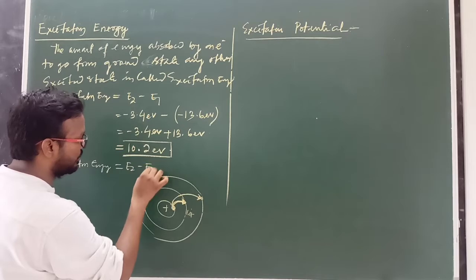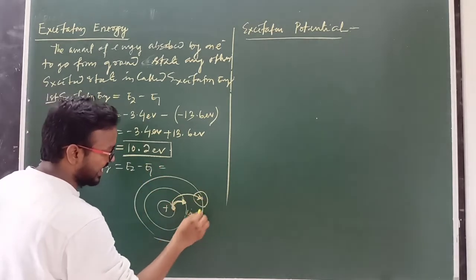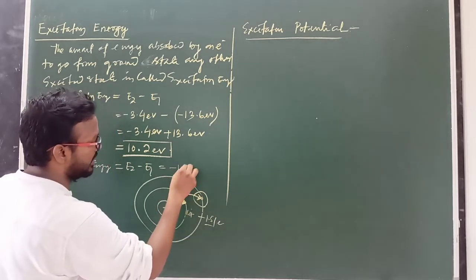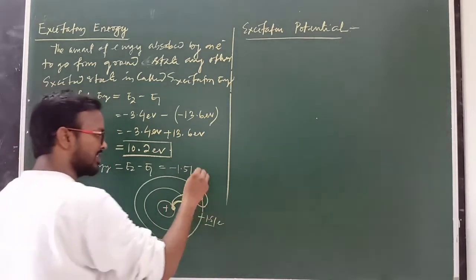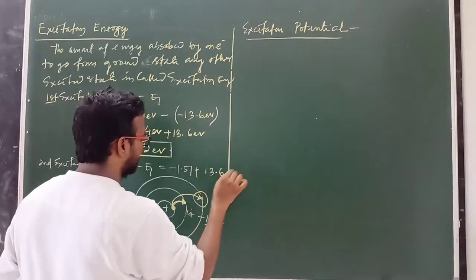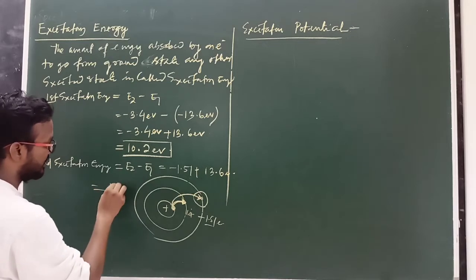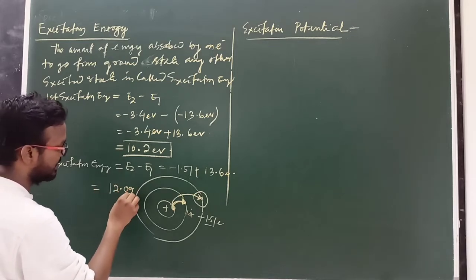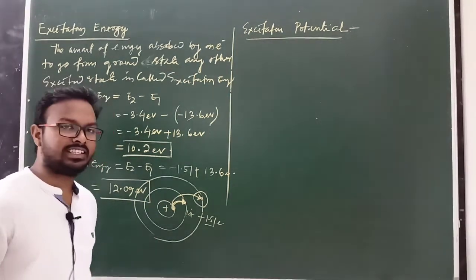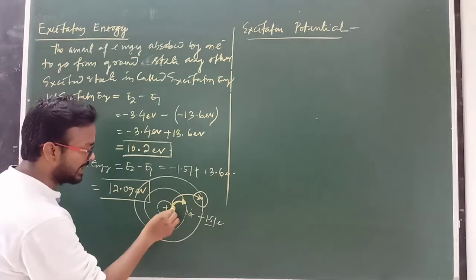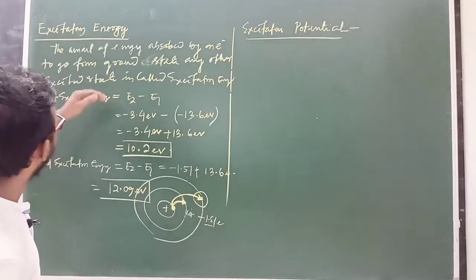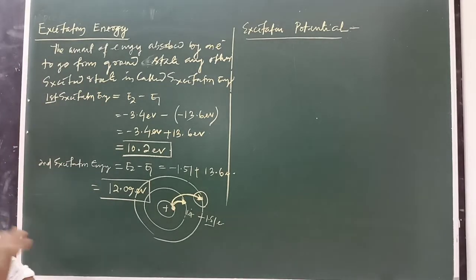We can write E2 minus E1, where the second excited state energy is minus 1.51 electron volt, minus the ground state energy of minus 13.6 electron volt, which comes to 12.09 electron volt. If the electron absorbs this amount of energy, it jumps from the ground state to the second excited state, and so on. Clear? So this is all about excitation energy.